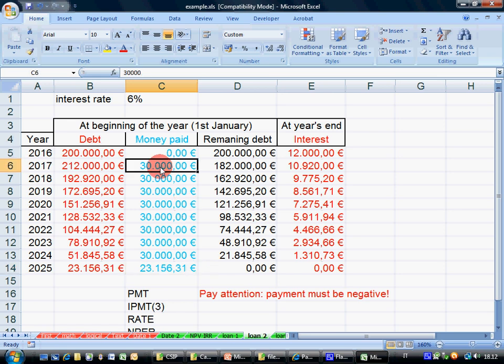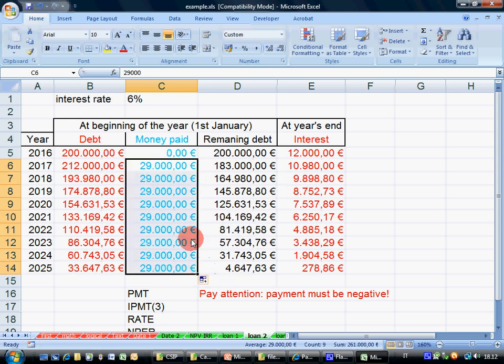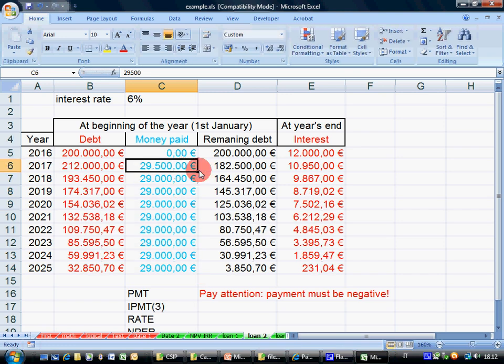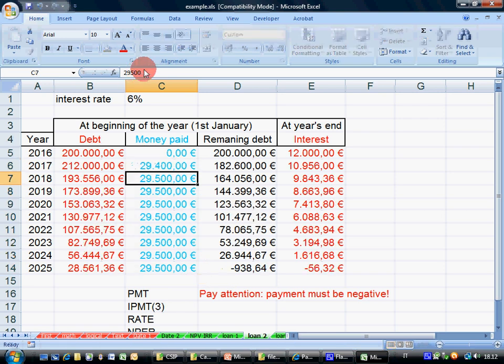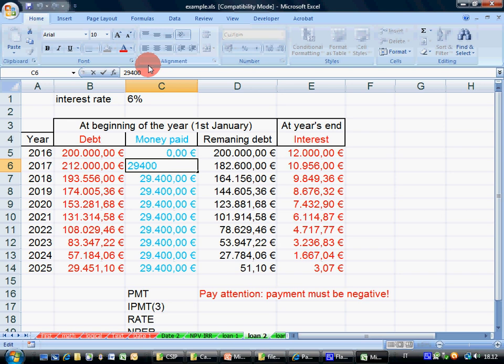Well, we can try to pay a little less, 29,000, and see what happens. No, too less, 29,500. Too much, 29,400. Too much, no, too less, 450.